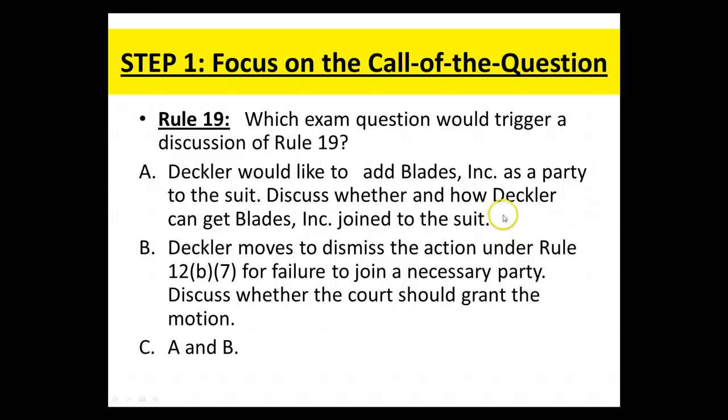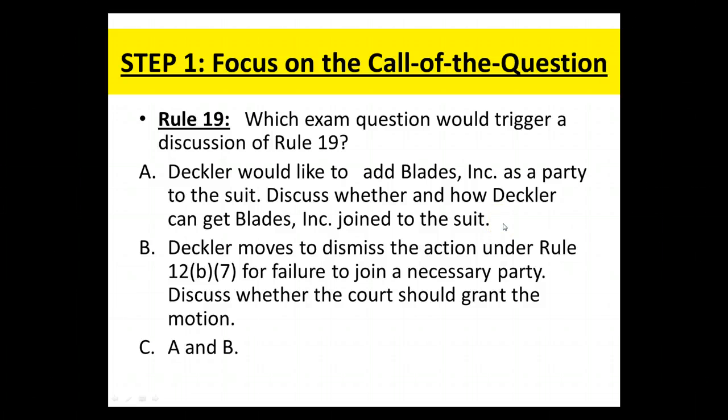Deckler would like to add Blades Incorporated as a party to the suit, discuss whether or not Blades Incorporated can be joined to the suit. So a general call of the question like this might raise multiple possibilities of what could be discussed. We'll address then in our second step, when you have a larger screened-in option, how you prioritize your discussion of those rules. You may in fact decide that you want to discuss primarily Rule 14 and not 19, or vice versa. We'll get to that next.